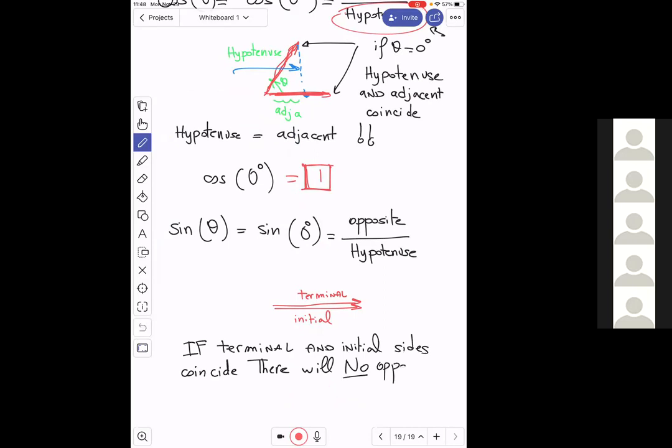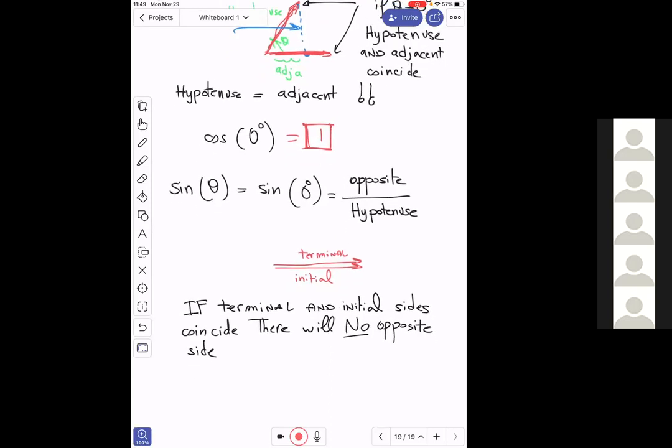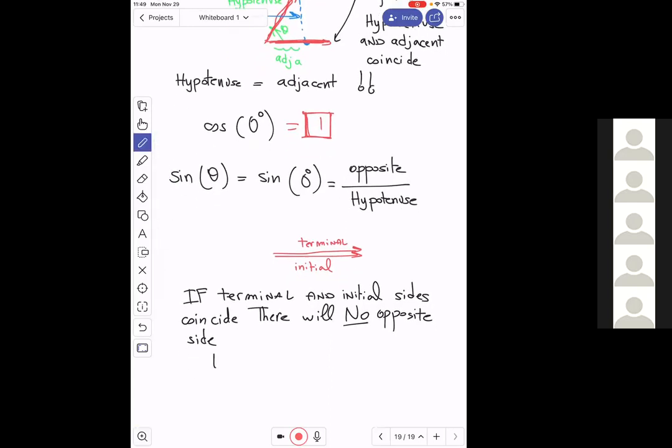You think of the initial side as like the adjacent side, and the terminal side is like the hypotenuse, right? So there will be no opposite side. So the length of the opposite side is 0. It is the number 0.